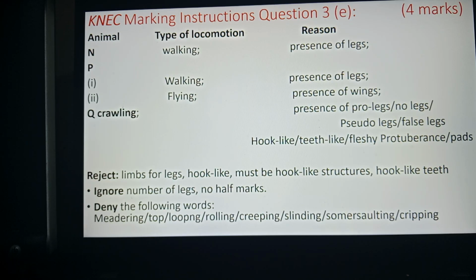Reject hook-like alone; it must be hook-like structure, hook-like teeth. Ignore number of legs, no marks. Reject the following for type of locomotion: meandering, looping, roaring, creeping, sliding, somersaulting.